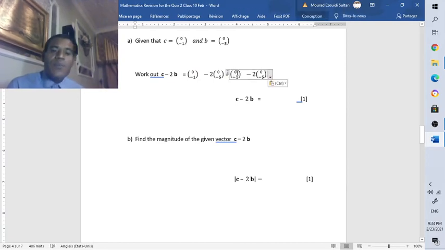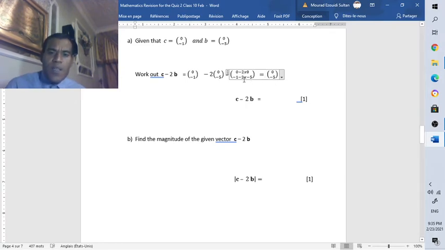So 0 minus 2 multiplied by 0, then the second one, -1 minus 2 multiplied by -5. Okay, then I will erase this. So 0 minus 2 multiplied by 0 is 0.